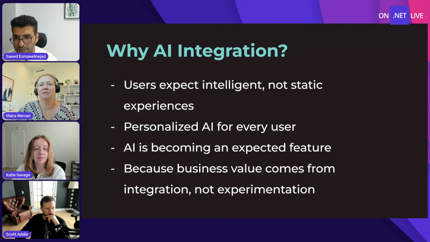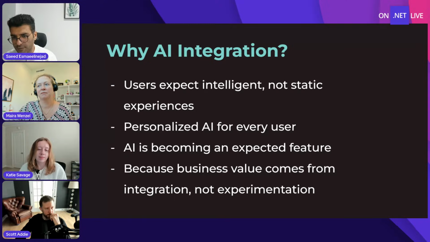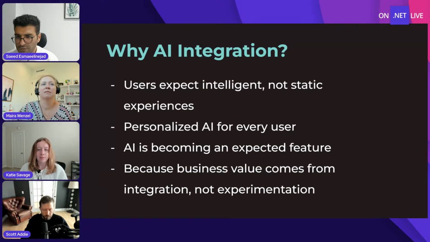Basically, nowadays, with AI everywhere, users expect more intelligence from your products. Given that you have a website for selling something or providing some services, nowadays users probably expect some AI, at least a chat on your website, not going through all the menus, clicking here, clicking there.